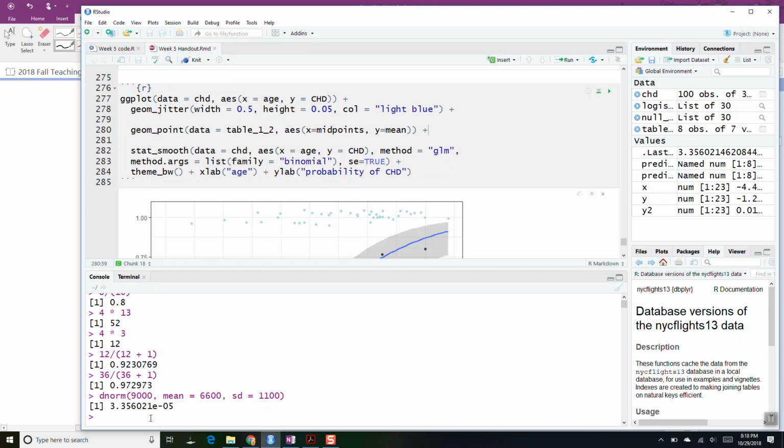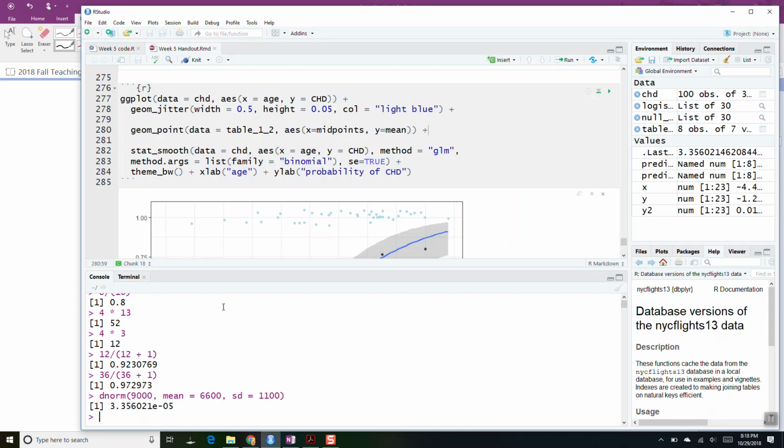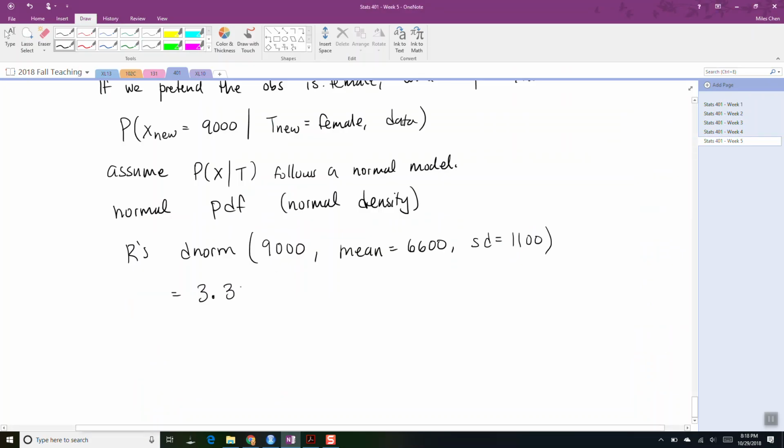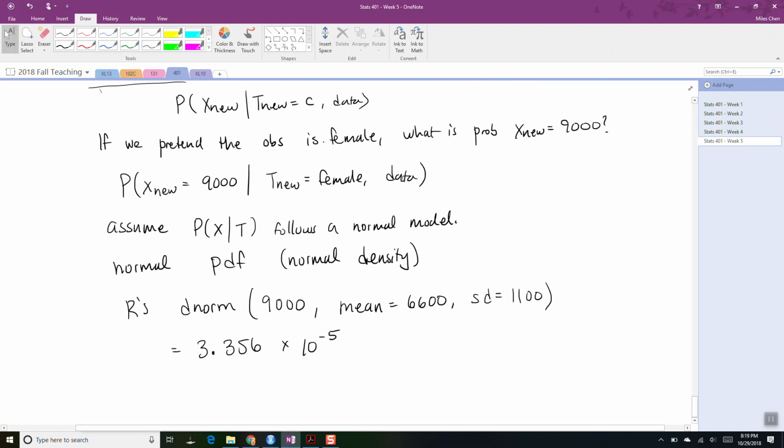I get 3.356 times 10 to the minus 5. So there's a small density there, okay? So if we pretend the observation is female, this is what we get, okay?